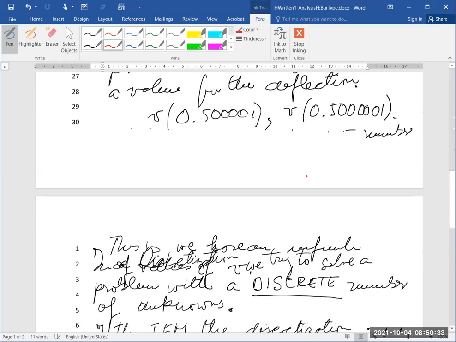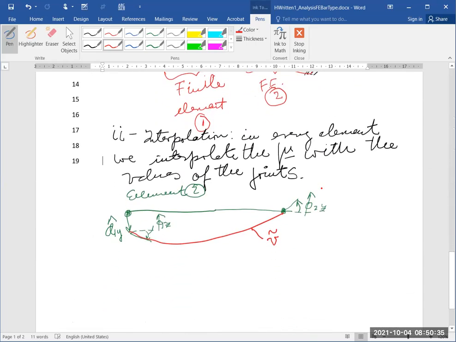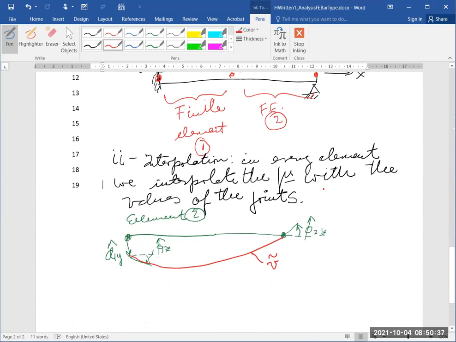Here, we are interpolating from here to there. But the problem is that the function that we are going to use in order to interpolate is not necessarily equal to the exact solution. So we can express this interpolation in the following way, okay?